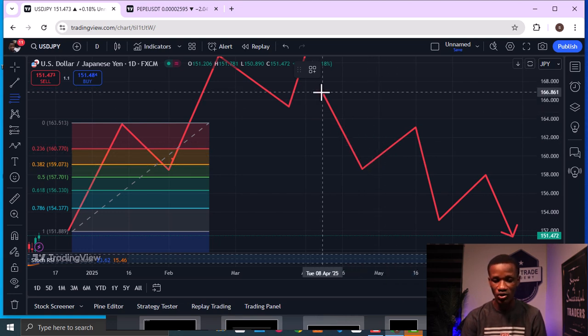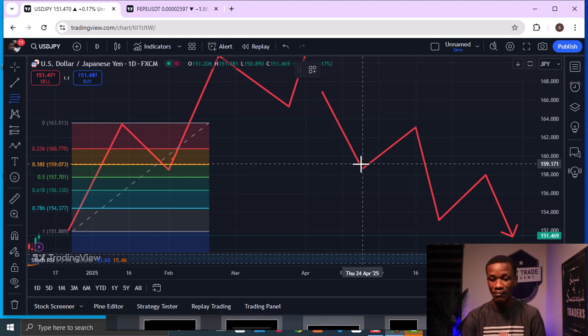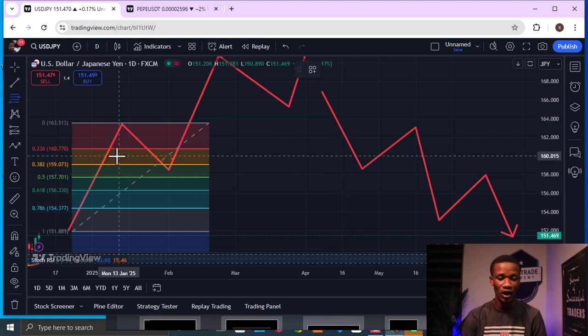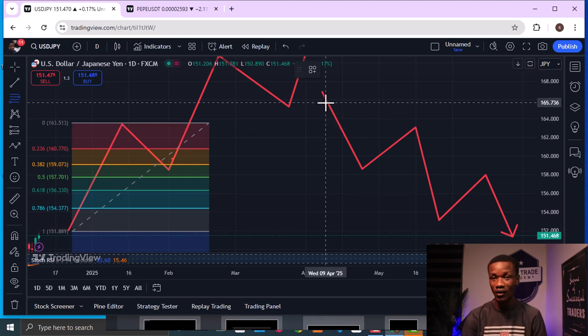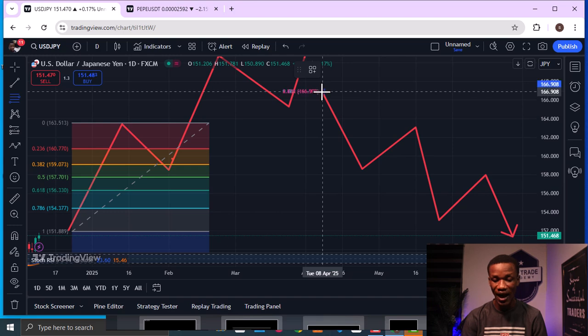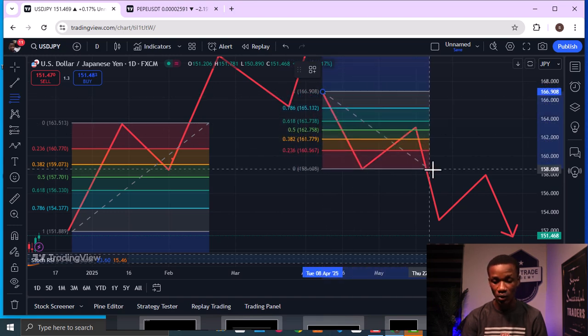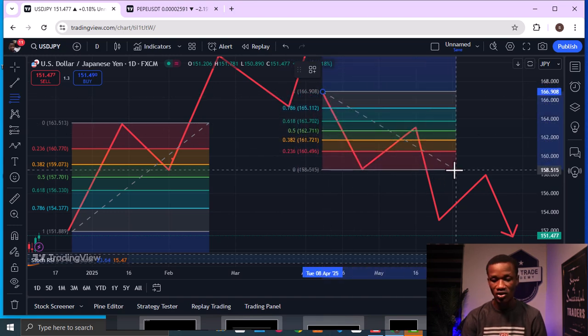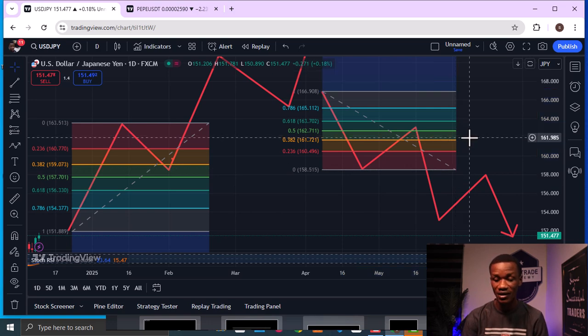So from here, you draw from swing high back to swing low. Remember, for an uptrend, you are drawing from swing low to swing high. So in a downtrend, you are drawing from swing high back to swing low. So you can expand it on the chart so you see where the retracement is going to end.